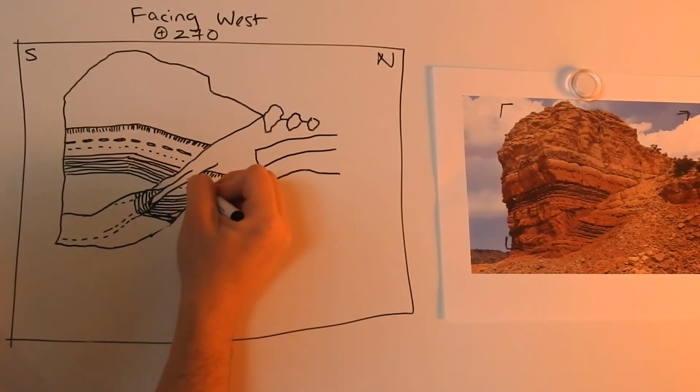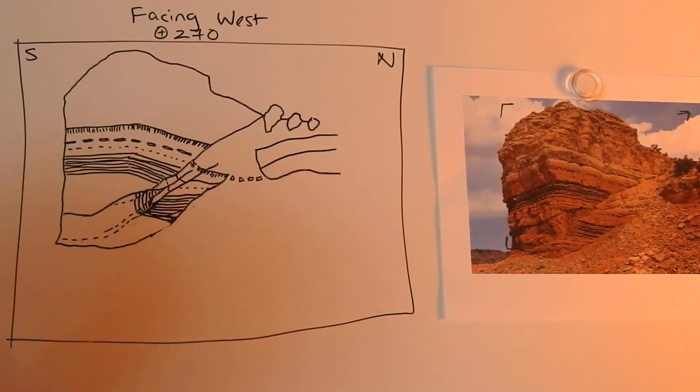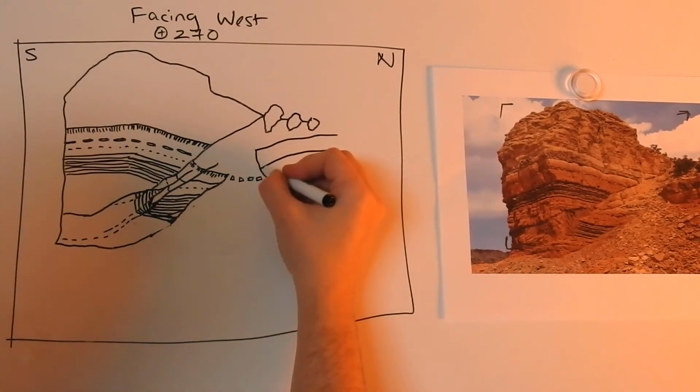Same thing over here. It looks like we've got the eroded unit. And then the tan top unit. Okay. And then over here we've got a tan top unit.